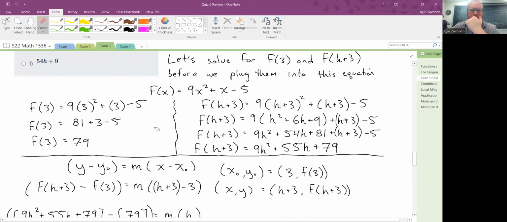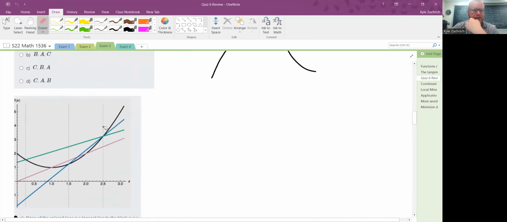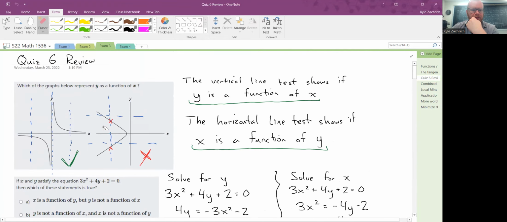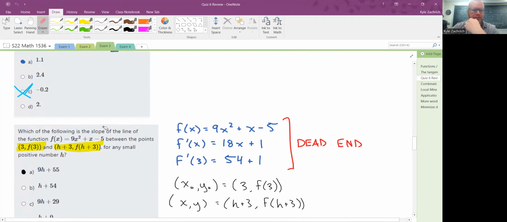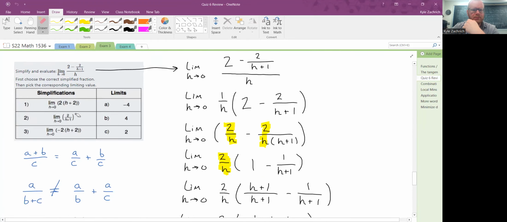For that limit definition of a derivative, I didn't see a whole lot of problems that used that particular setup. I think this is the only one I can think of that used limits, but I might be wrong, and you can correct me on that.